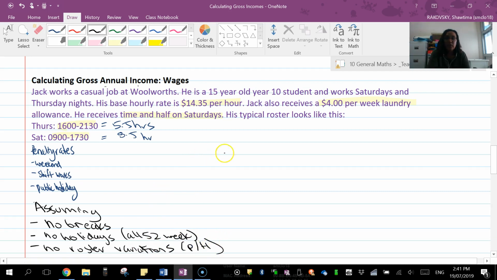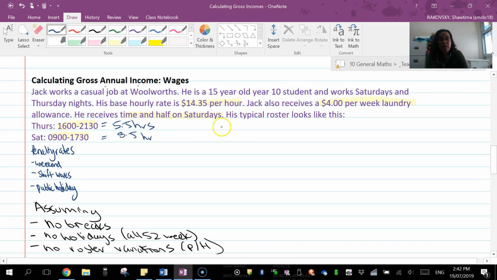Okay, so let's calculate Jack's annual income. Before we start with annual, it would probably be best to work out the weekly income for this person. We know the hours that they've worked, we know what their base salary is, and we know that they've got an additional laundry salary.